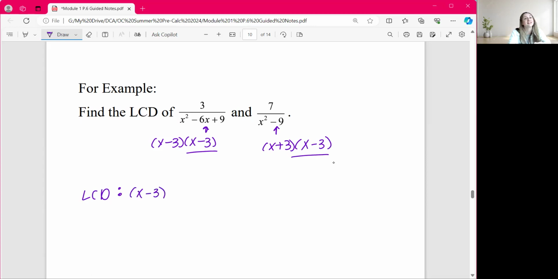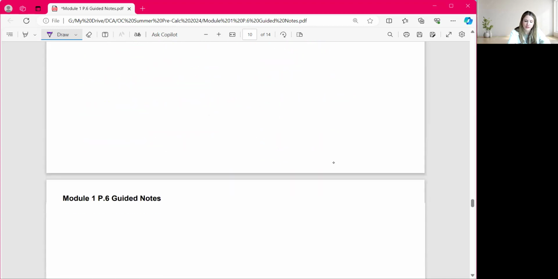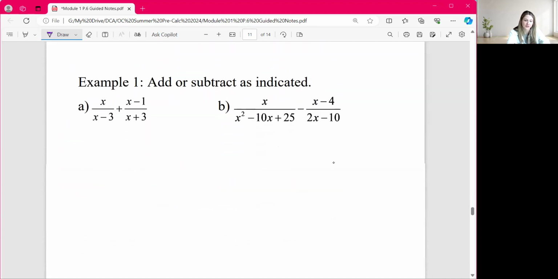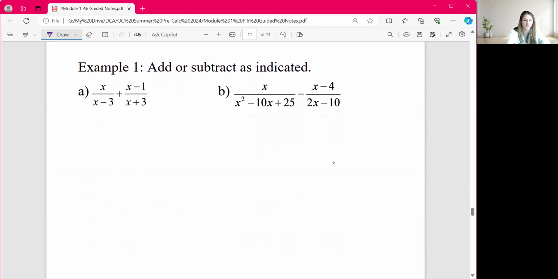And then anything they don't have in common, I need the x plus 3. And then I need another one over here, x minus 3. Okay, list all of the factors that they have in common, and then list all of the factors that they don't have in common. Just one of each. And then we can also write that as x minus 3 squared. That's my least common denominator. So we need to be able to find least common denominators in order to add and subtract rational expressions.